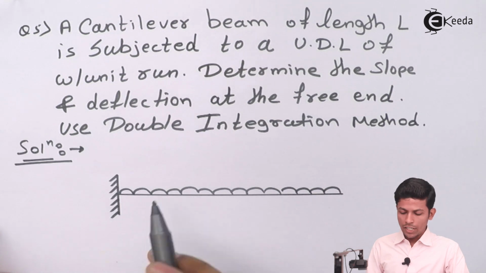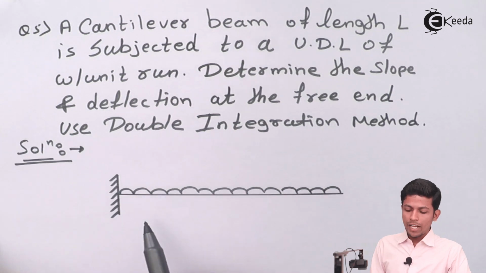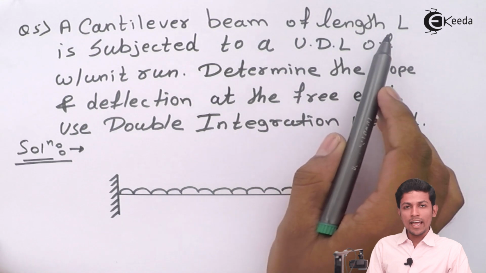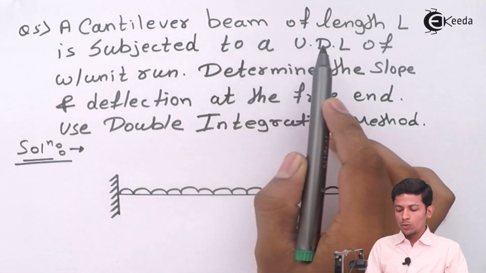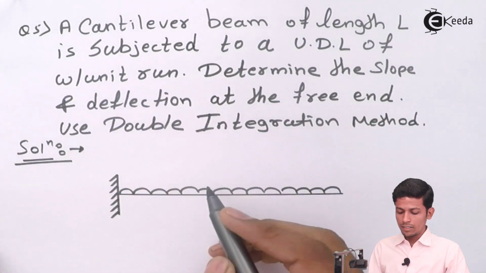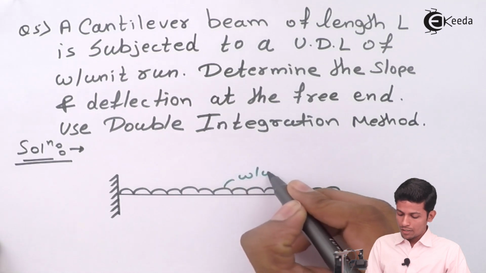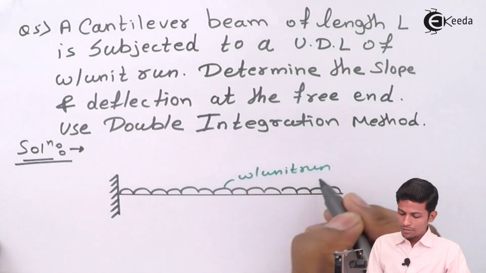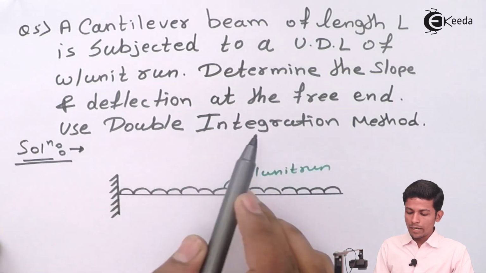Now this is a theory question given to you in the exam. A cantilever beam of length L is subjected to a UDL of w per unit length. This is nothing but w per unit run. At the free end, use the double integration method.